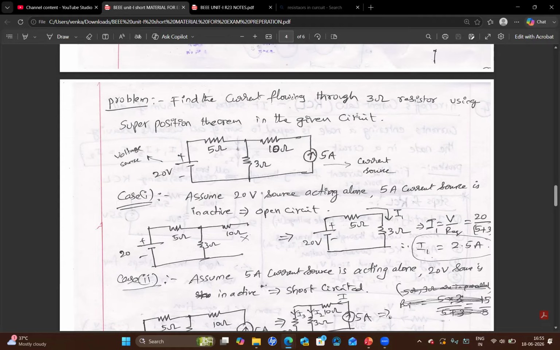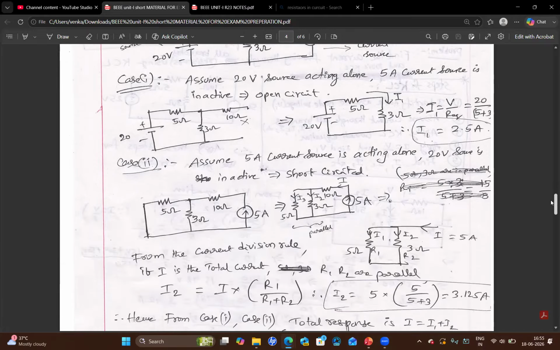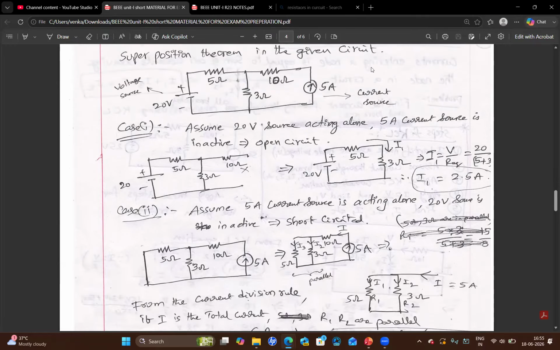If any more sources are available, also make those inactive. If those are current sources, make them open circuits. If those are voltage sources, make them short circuits. Like that, identify the current through the 3 ohm only due to the 20 volt source. Similarly, identify the current through the 3 ohm only due to the 5 ampere source. All other sources must be inactive. This is the procedure to apply the superposition theorem for a given circuit.